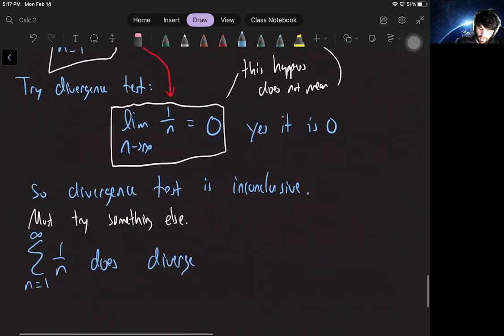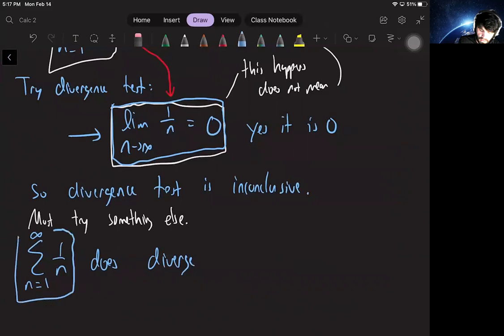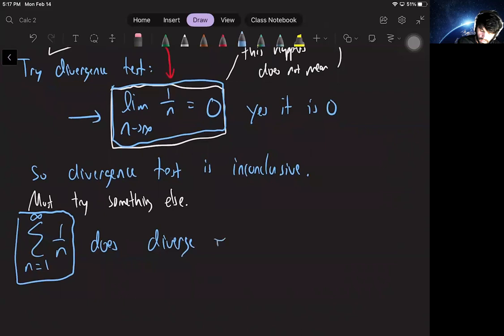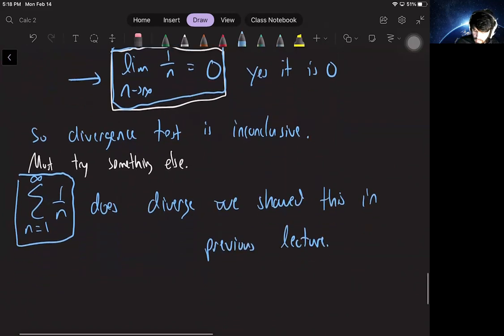So it's a perfect example of, even though the sequence terms go to 0, that does not necessarily mean that the series will converge. Okay, so we showed this a long time ago. Sort of a long problem, but we did it.